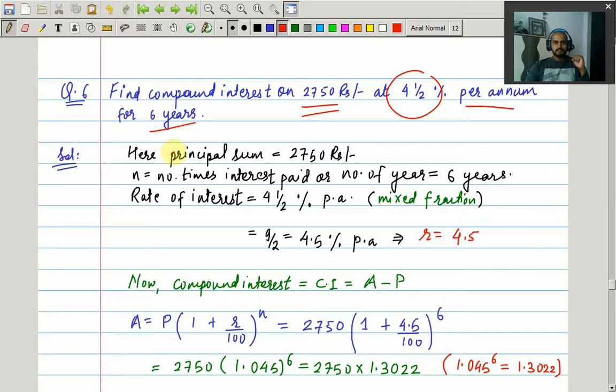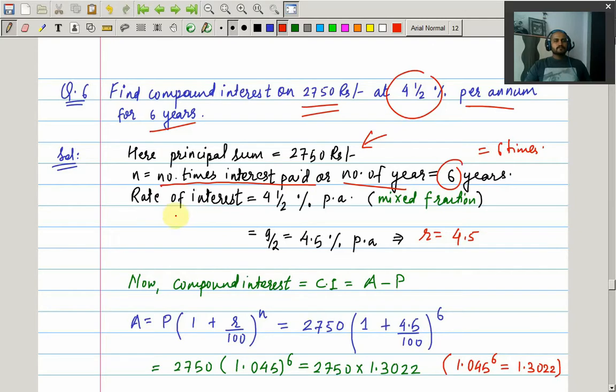So the rate is 4 1 by 2% per annum. So here the principal amount is 2750. N is the number of times interest is paid or number of years. In this case, 6 years and 6 times interest is paid, they both are equal.